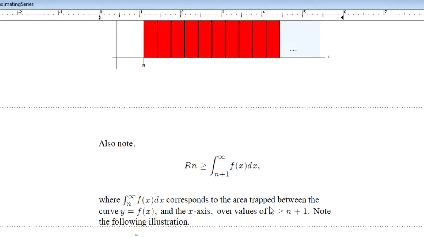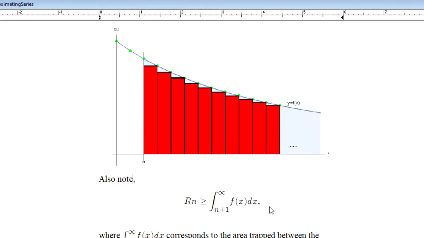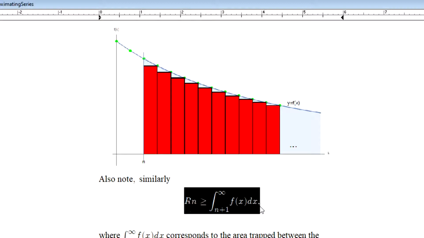All right. Also note, similarly, R sub n will always be bigger than or equal to the integral that starts at n plus 1 and continues off to infinity for f of x dx.